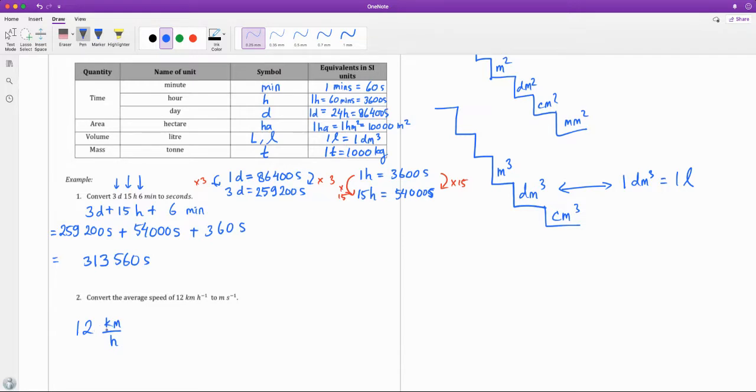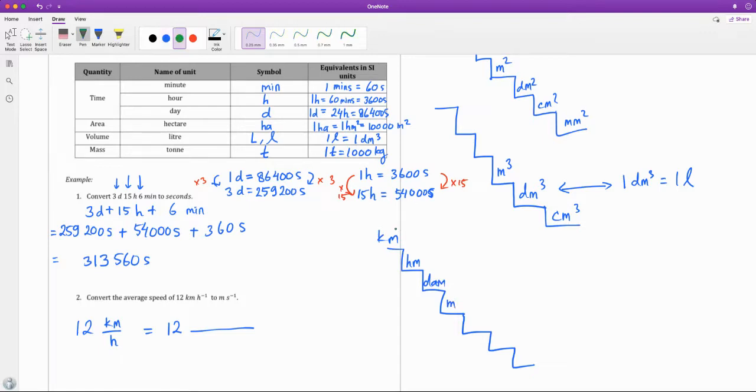So as a division, kilometer divided by hour, and then we write again 12. We convert from kilometer to meter. Kilometer, hectometer, decameter, meter.